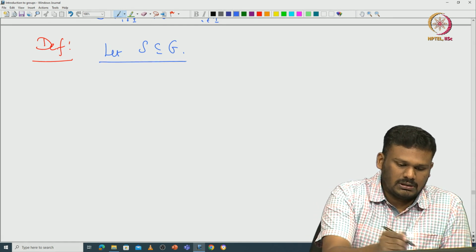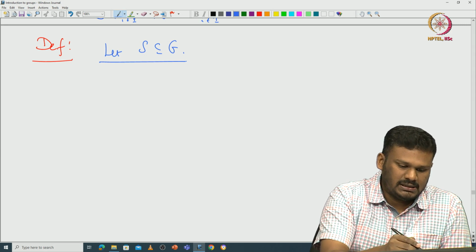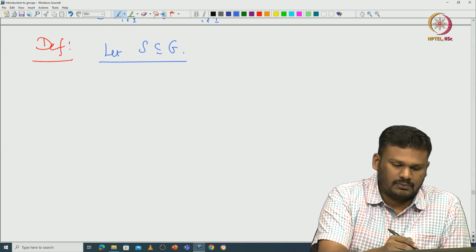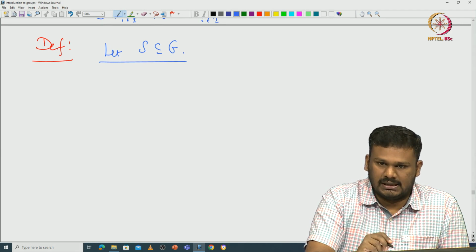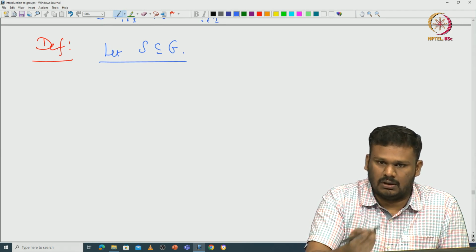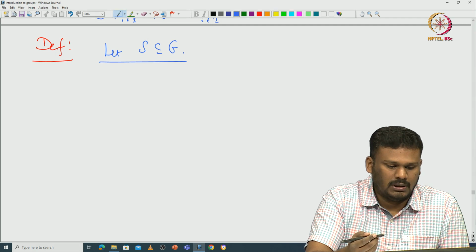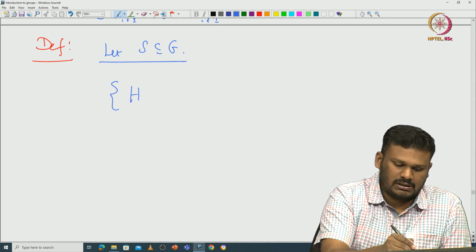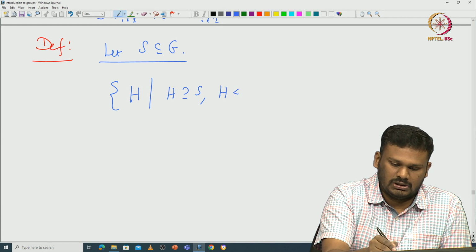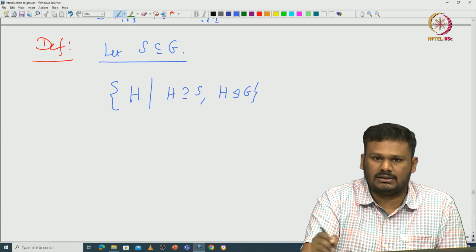So, motivated by that, you can easily see that if you are interested in looking for the smallest normal subgroup that contains S with respect to inclusion, then all you do is collect all the subgroups H, where H contains S and H is normal in G. Look at this collection.